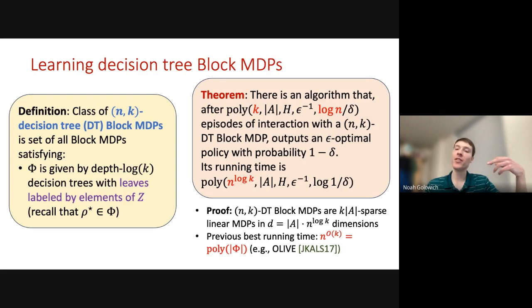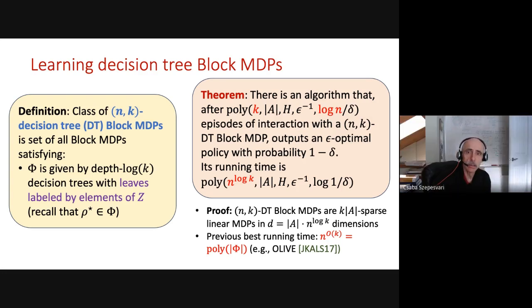So even if there are some directions which are not covered very much by the data distribution, that doesn't contribute much to our policy suboptimality. Is that what you're asking when you say there's no assumption? Yeah.